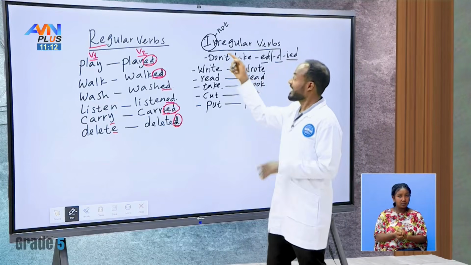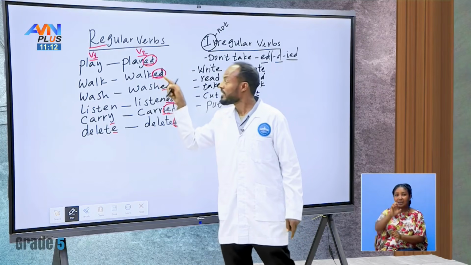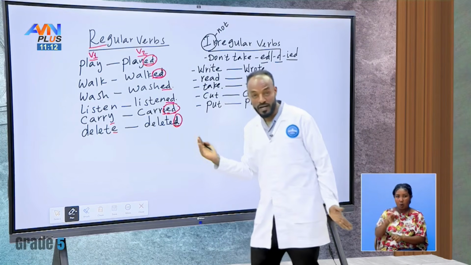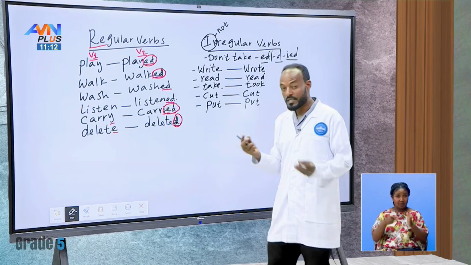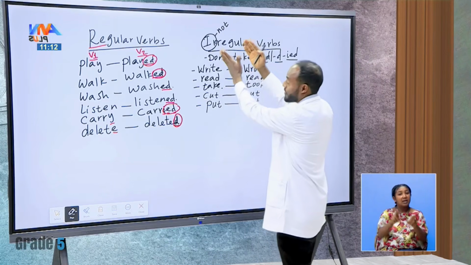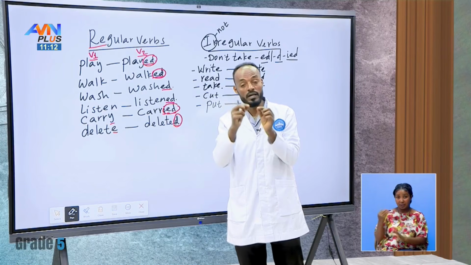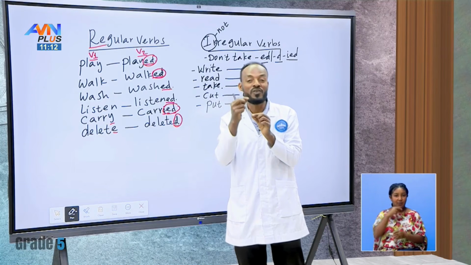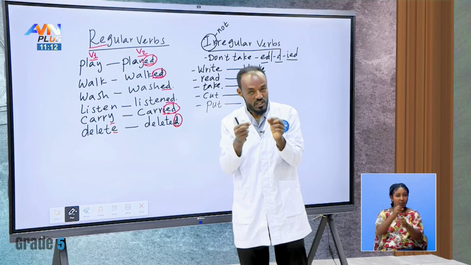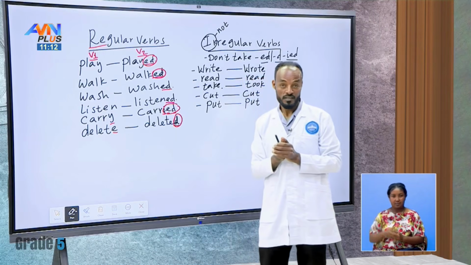Still they are irregular because they are not taking ed, d or ied. Is it clear? Such kinds of words are considered irregular verbs. As we said so far, an irregular verb means the verb which cannot take d, ed, and ied. Good, students.